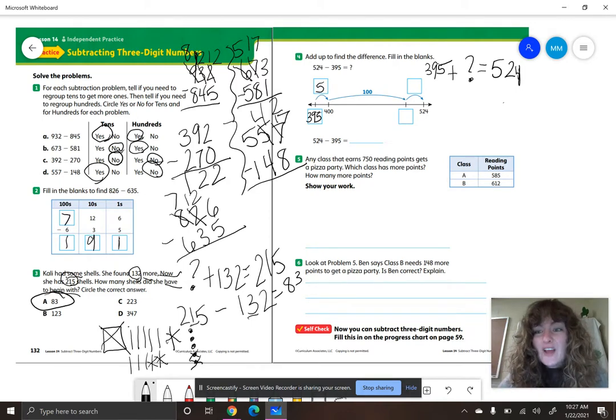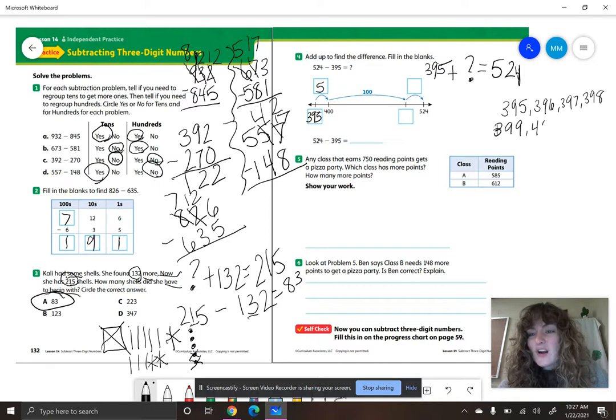So if I have 395 and I count on to 400, 395, 396, 397, 398, 399, 400. How many jumps did we have? We had 5 jumps. So 5.